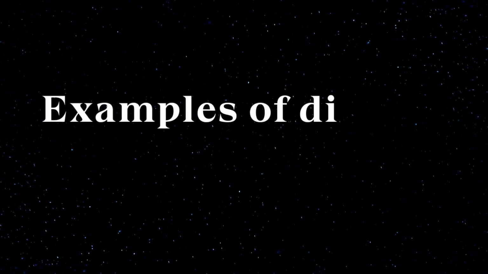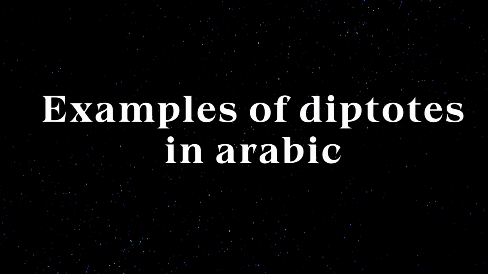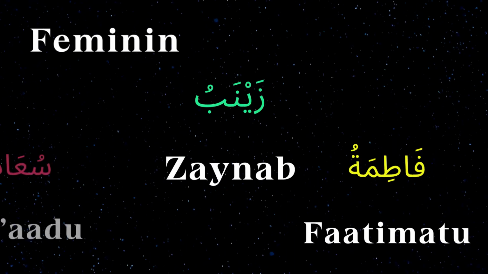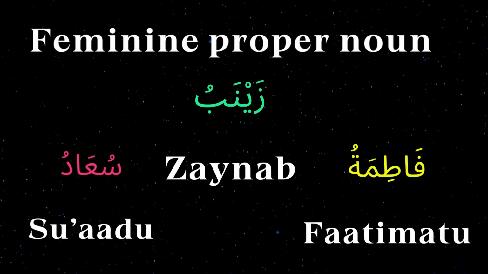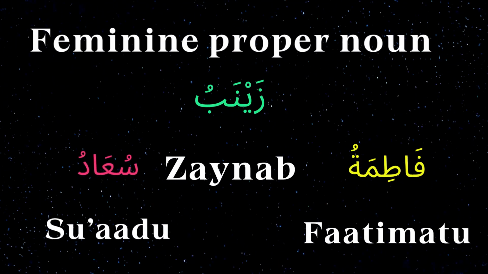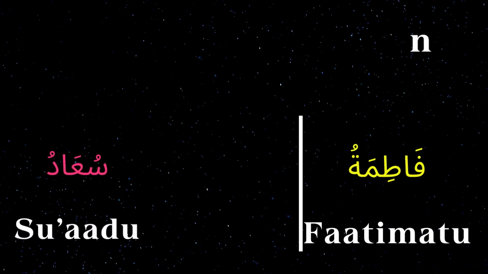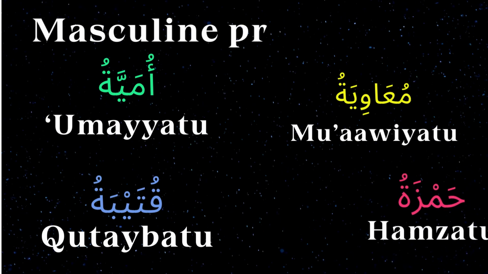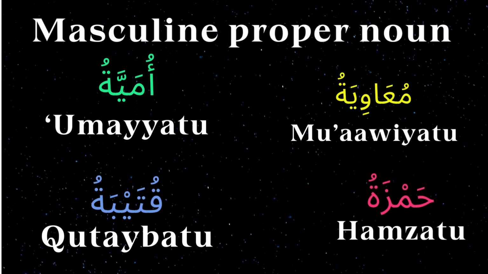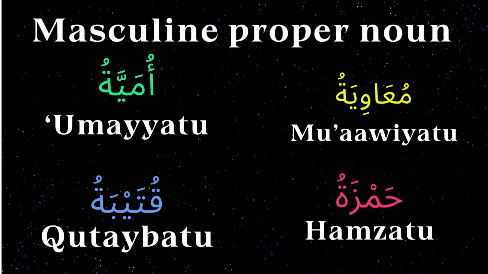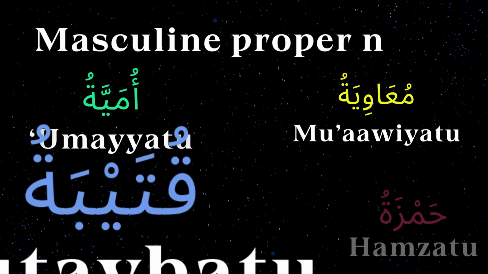For examples of diptotes, we have the feminine proper nouns Su'ad, Zainab, Fatimatu. For masculine proper nouns, we have Muawiyatu, Umayyatu, Hamzatu, Kutaybatu.